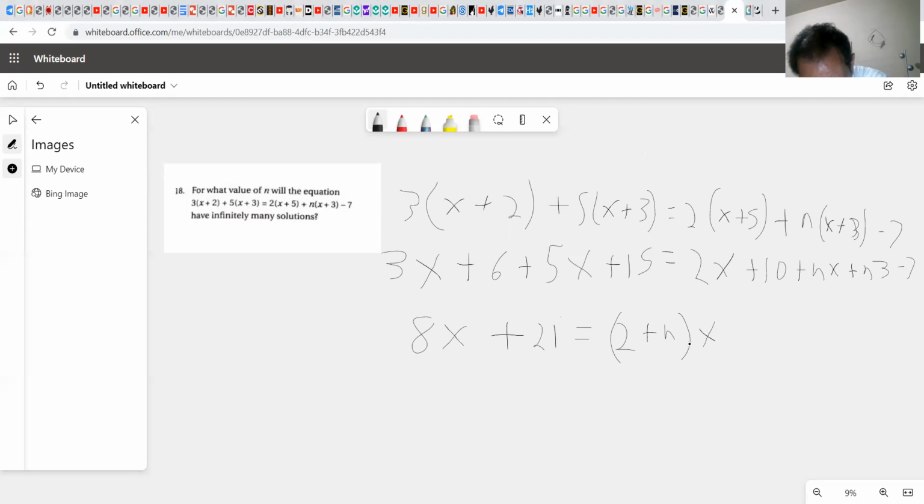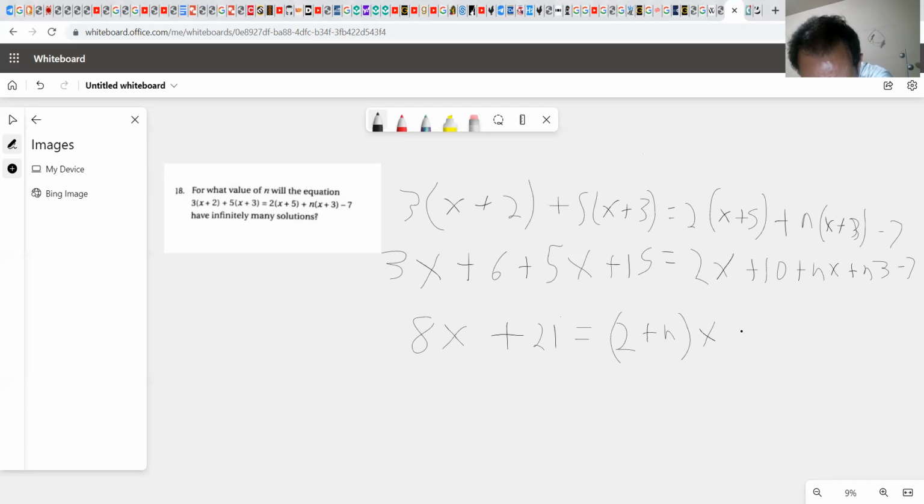Now you can actually figure this out right now, because I know that this 8x has to match up with this (2 + n)x. So you can set those two equal and see what that comes out to. But let me continue with the whole thing. Let me put all the number parts together as well. You have the 10, you have the 3n, and you have the minus 7.